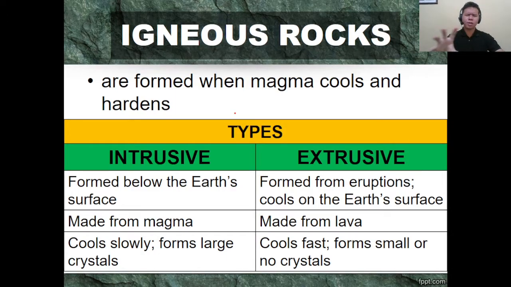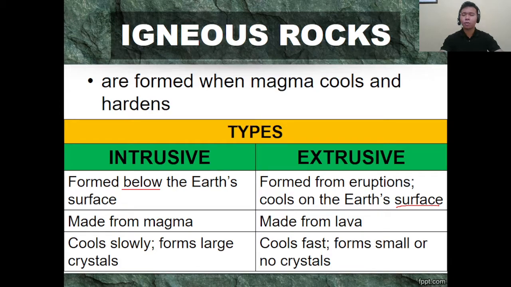Okay, so what's the difference between intrusive and extrusive igneous rock? For intrusive igneous rock, they are usually formed below the Earth's surface, below the Earth's crust. While extrusive igneous rock are formed from eruptions wherein they cool on the Earth's surface.